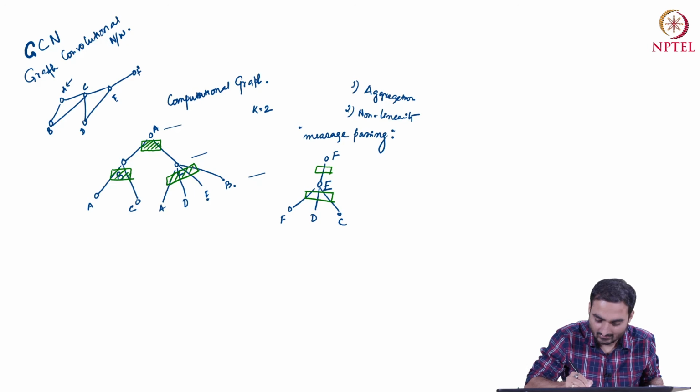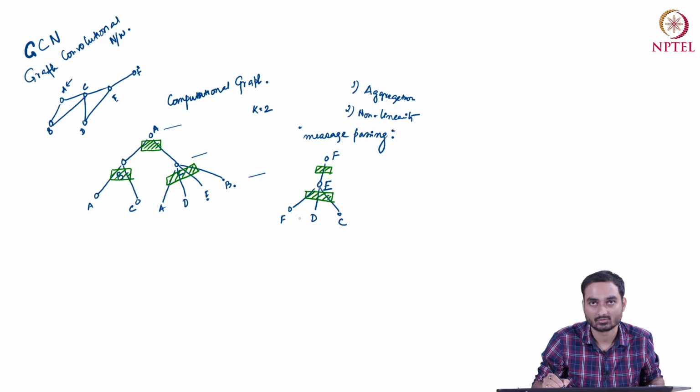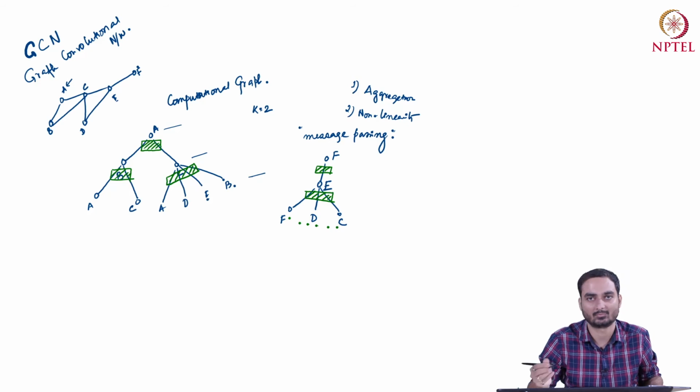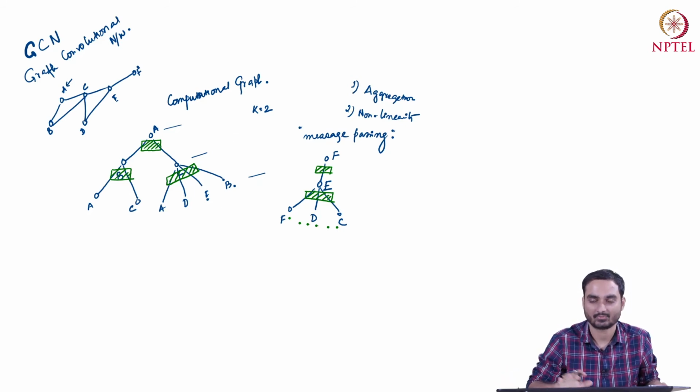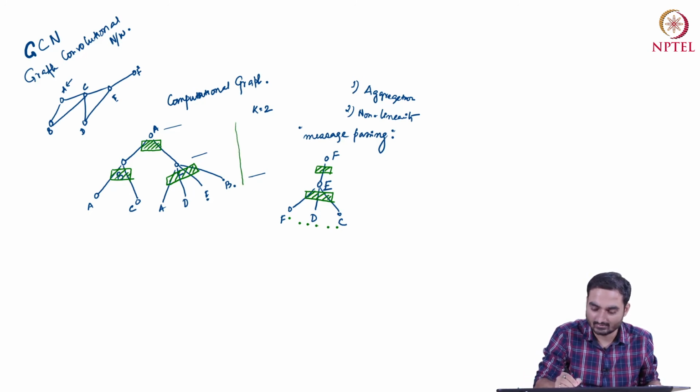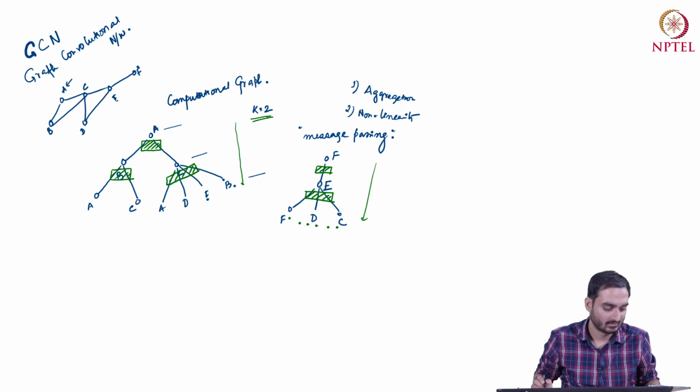Each of these blocks takes inputs from the corresponding nodes, aggregates them, passes them through some non-linearity and generates the output, and the output is passed to the next layer. But remember, this computational graph would be different for different nodes. Therefore, the neural network that we design is a neural network of depth 2. Now, k equals 2, this depth is a hyperparameter that we need to set.